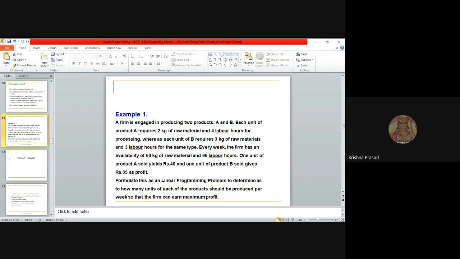To produce product A, what is required? 2 kgs of raw material and 4 labor hours.